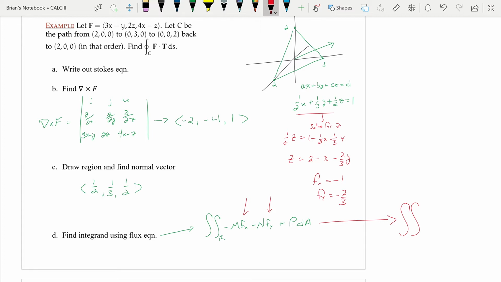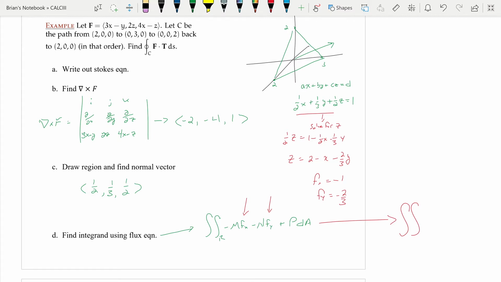It's going to be this guy. Because remember, what we're doing is, that's our del cross F, like our big F, and then our normal vector dot n is equal to our flux equation. That's what we're using.